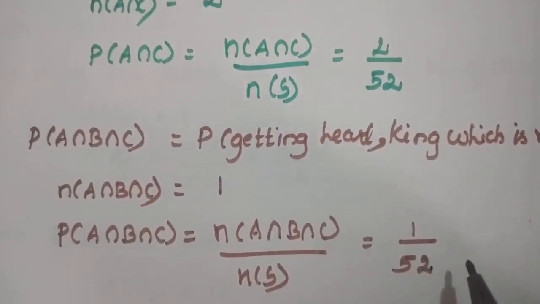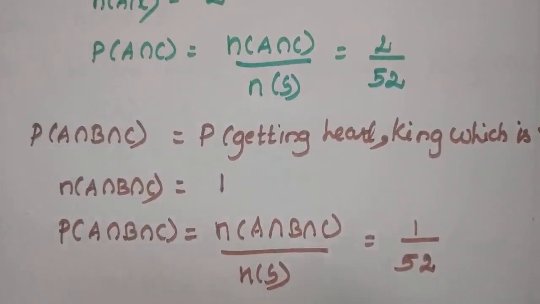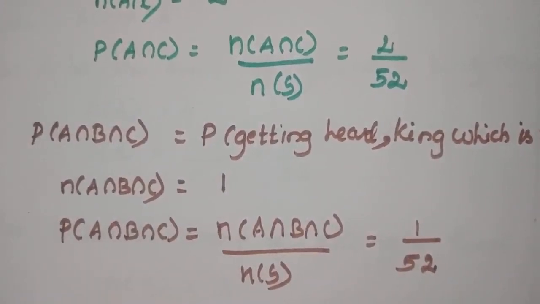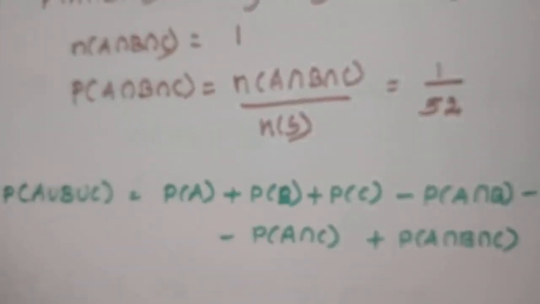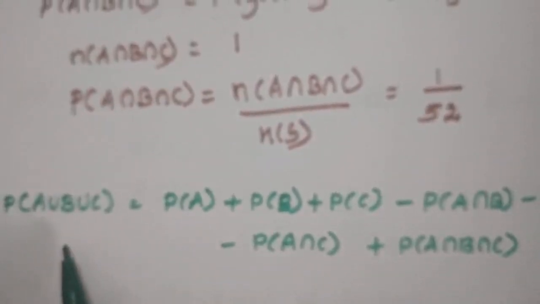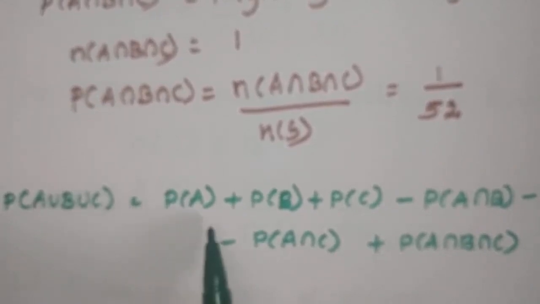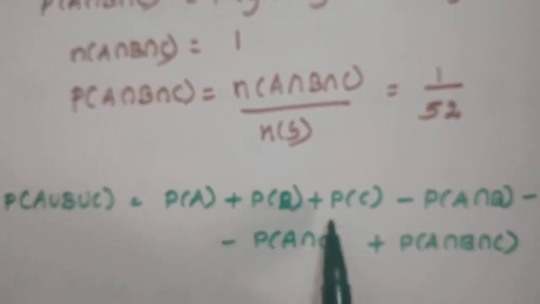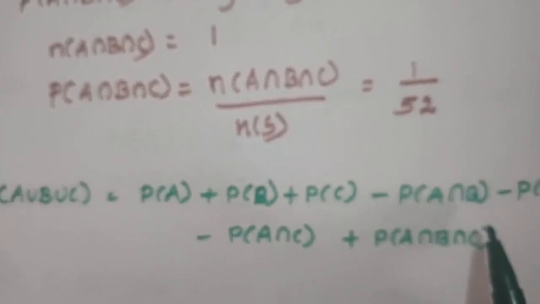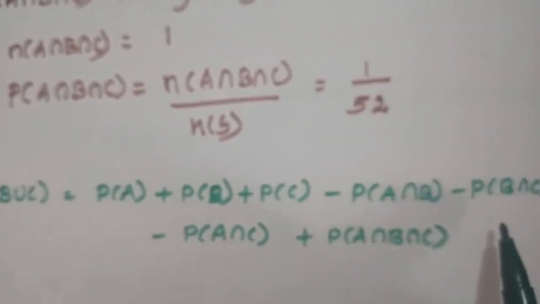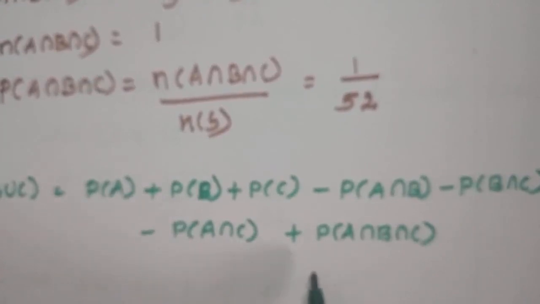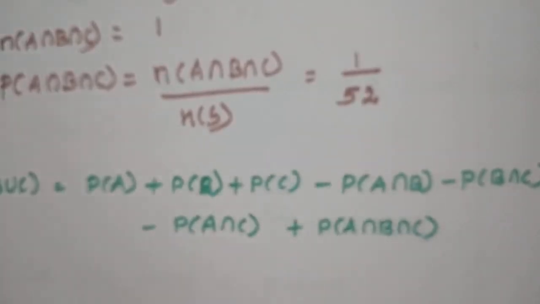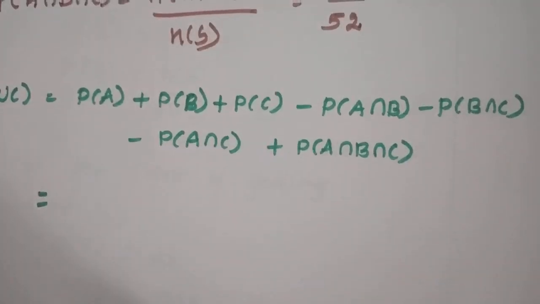The next step, we are going to substitute all those things we have found so far in the formula. Yes, what's the formula to find P of A union B union C? Which is P of A plus P of B plus P of C minus P of A intersection B minus P of B intersection C minus P of A intersection C plus P of A intersection B intersection C. We have to substitute the values here.